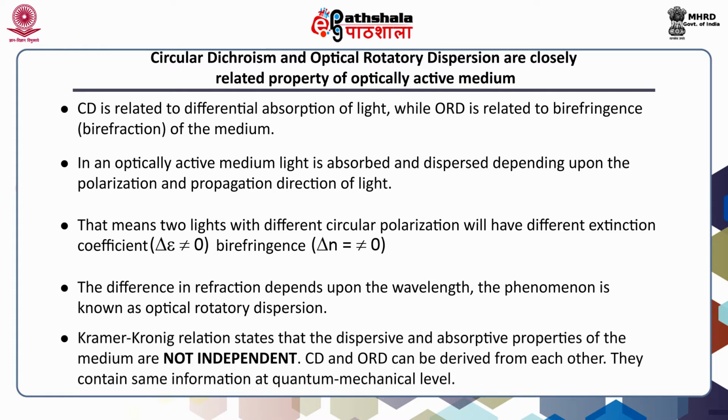CD and ORD are related optical properties of optically active media, as I mentioned earlier, and one can be derived from the other by using the Kramers-Kronig relations. It also means that dispersive and absorptive properties of optically active media are not independent, but can be determined if one of the properties is known, because both originate from the same electronic system of the optically active centers.